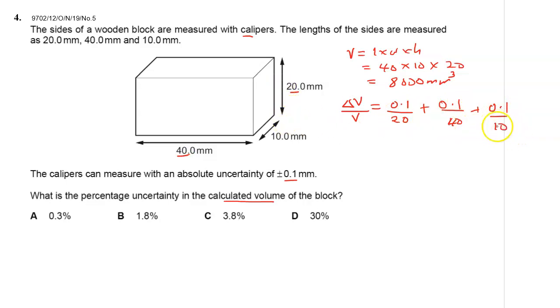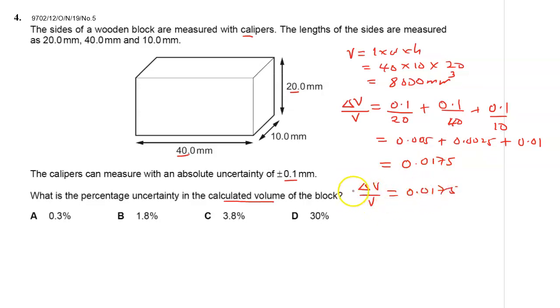Therefore, this will give us 0.005 plus 0.0025 plus 0.01, and when you add all this, you get 0.0175.